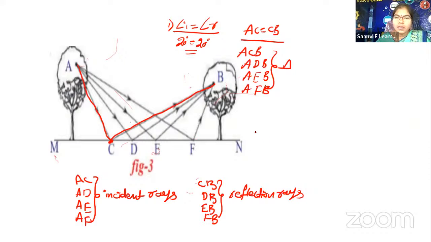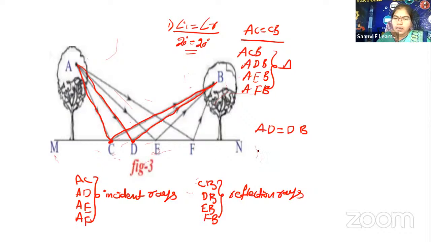Here AD equal to DB. This you can also see, AD and DB. Is it the middle point between M and N? Now you can take the next one.